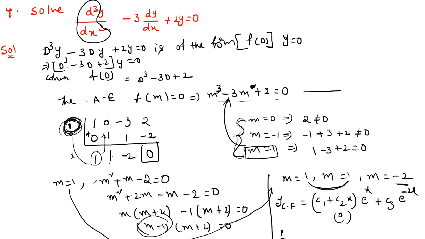Or you can write it like this: complementary function equals c1 e power minus 2x plus c2 plus c3x into e power x, where c1, c2, c3 are arbitrary constants.